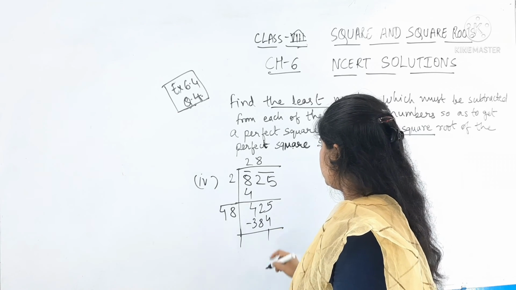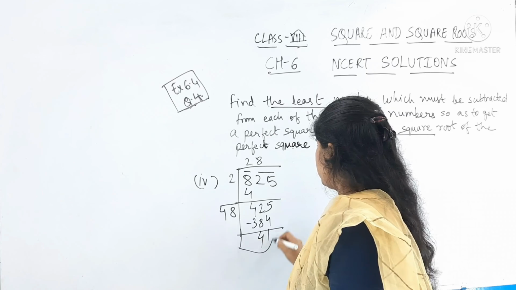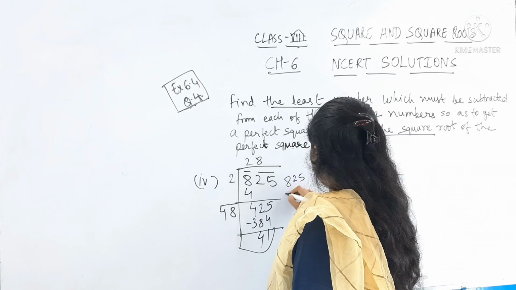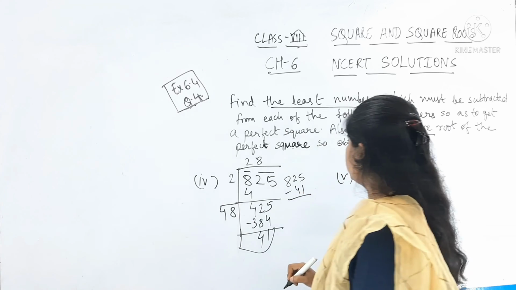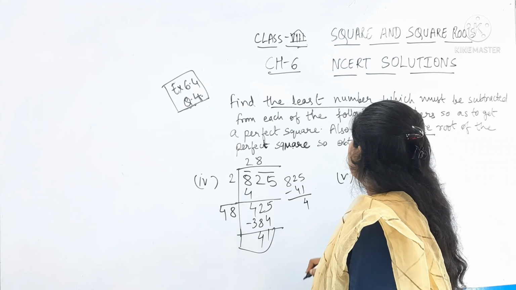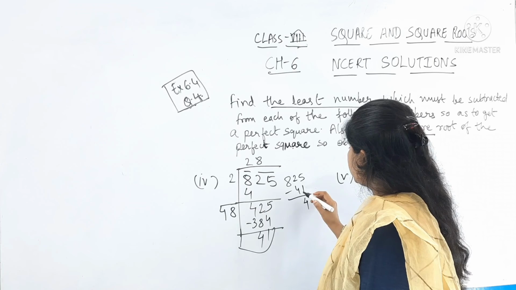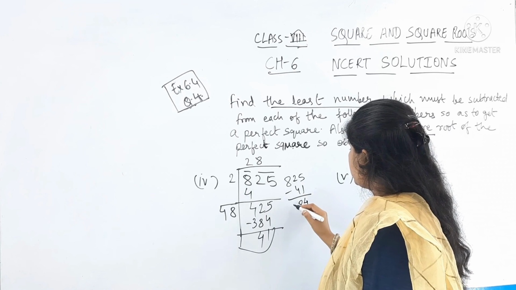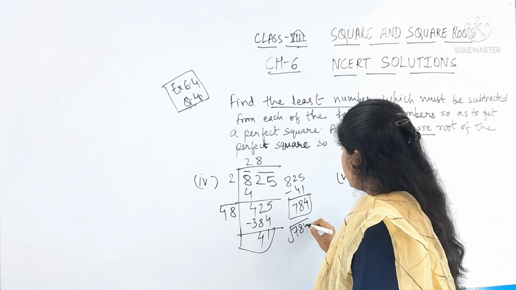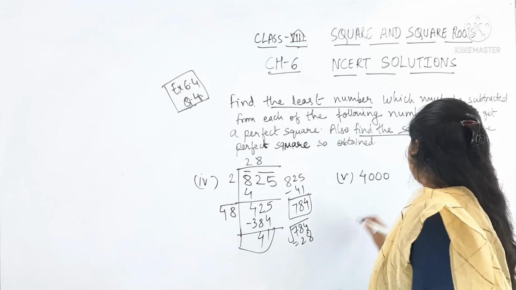So I am getting here 41 as the remainder. So what we have to do here, 825 minus 41 to get the perfect square. Okay. 5 minus 1 is 4. 12 minus 4 is 8. Then 7. So 784. Under root of 784 is equal to 28.